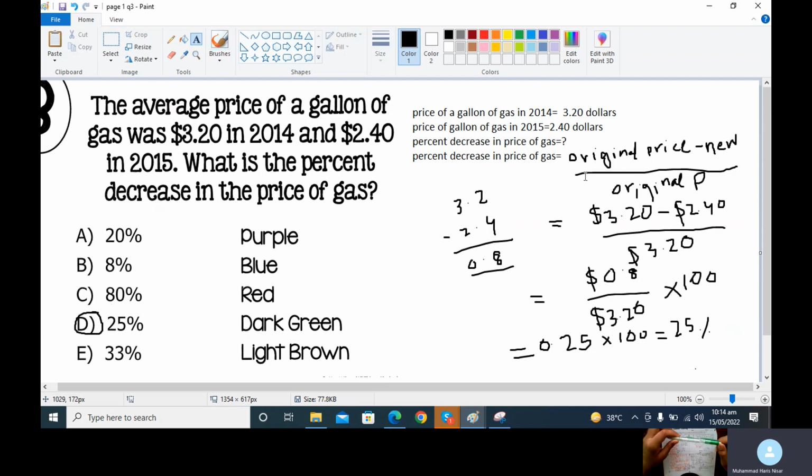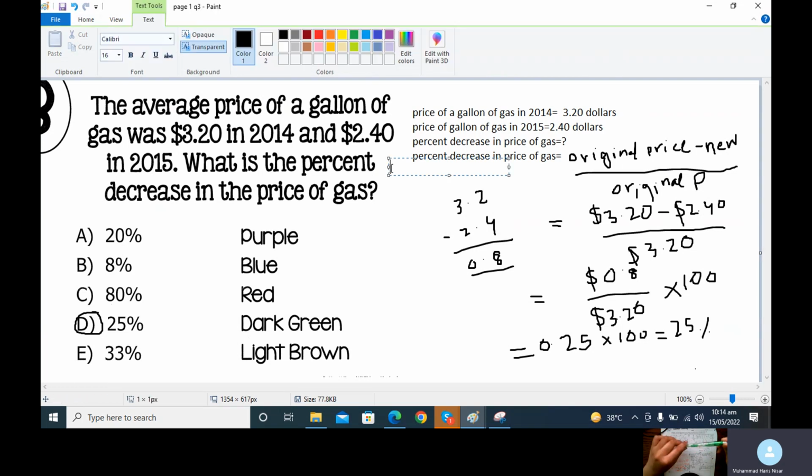This is the formula: original price minus new price over original price. I'm just asking you to write how you did it, because I think this is an important question regarding percentages.